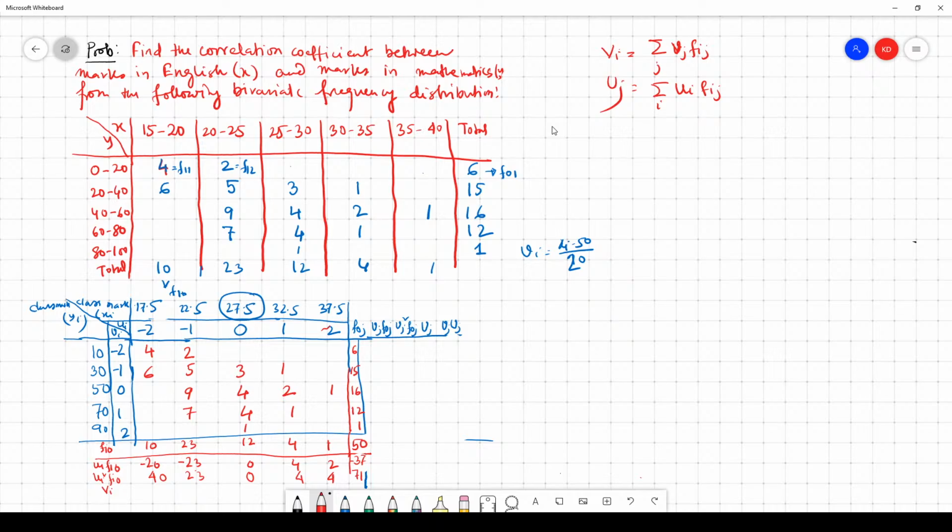So capital Vi, if you do this thing, this is minus 14, minus 2, 3, 0, 0.